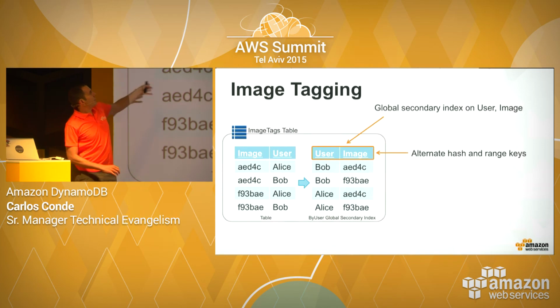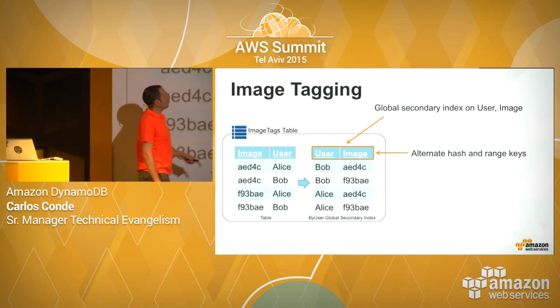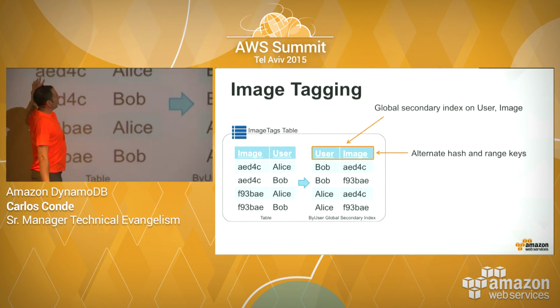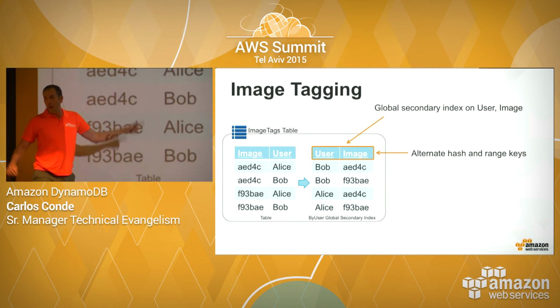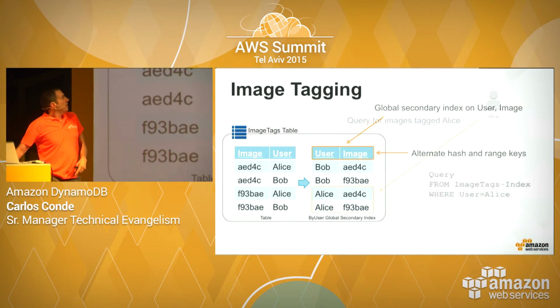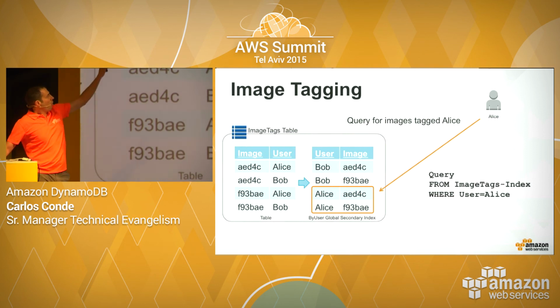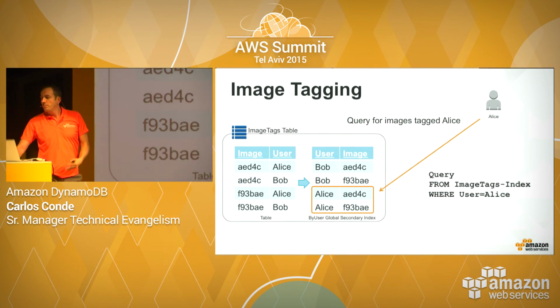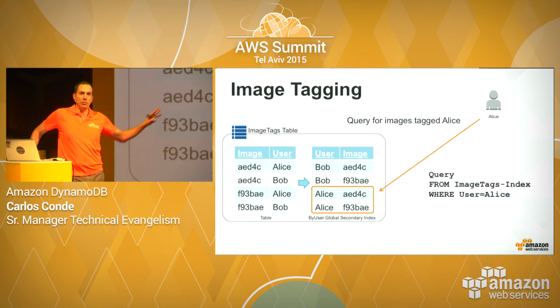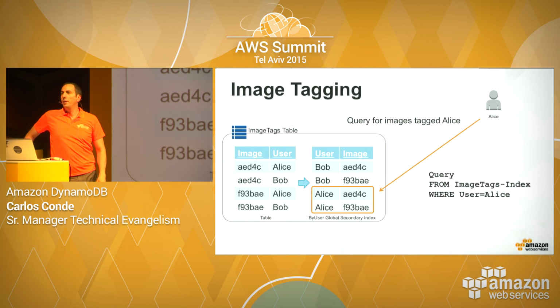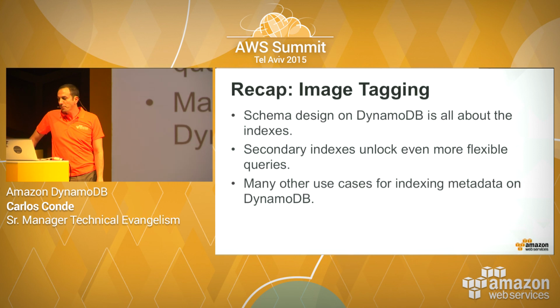So here I'm declaring a global secondary index. I'm using these user attributes, and Dynamo is going to project the rest of the data. So I have an alternate table, and then I can do the request as simple as it is. From the global secondary index, get me all the lines where the user is Alice, and here I am. Okay, so that was to illustrate the difference between local secondary indexes and global secondary indexes.